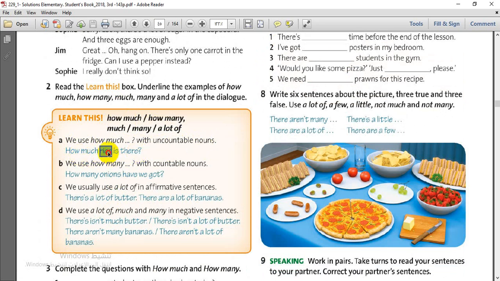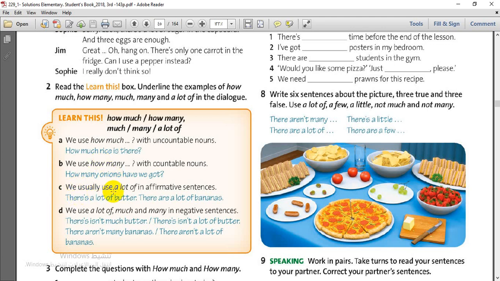Look at rice. Here, rice is uncountable, so we use how much. Number B, we use how many with countable nouns. How many onions? Onion is countable.